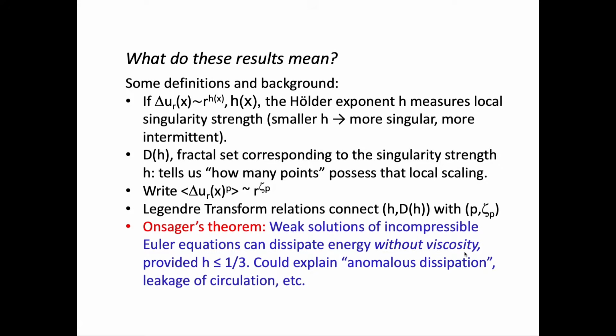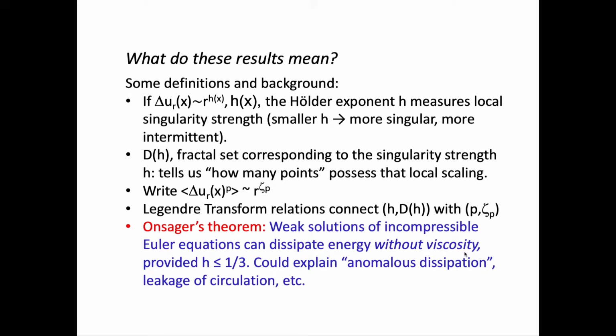That is, when you shrink r to 0, the velocity difference doesn't go to 0, but it actually blows up. This is the sense of singularity. And the smaller the h, it's very easy for you to figure out yourself that it's more singular and therefore more intermittent.